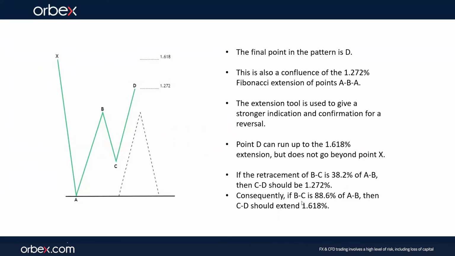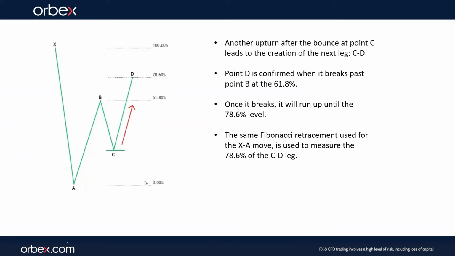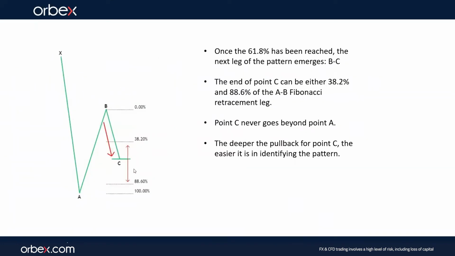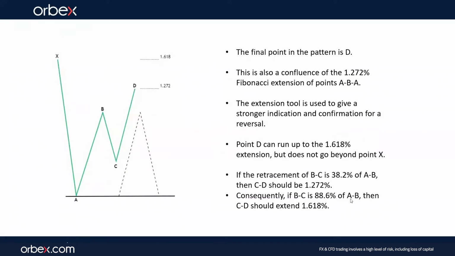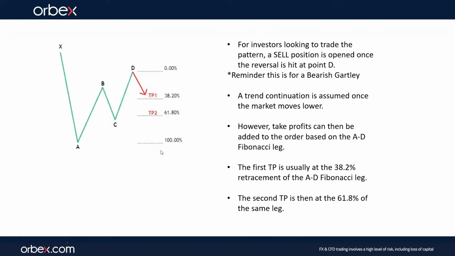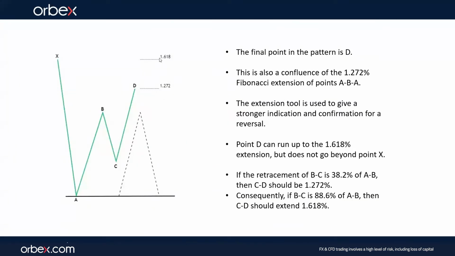So consequently, if BC is 88.6, so if we fall all the way down here on the BC leg, then CD should usually extend higher. So what it's trying to say is if we finish kind of here for the BC leg, then it will give a shorter leg for CD.